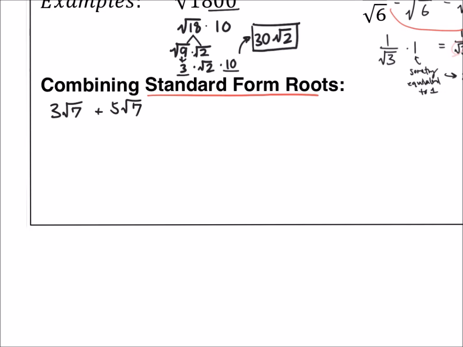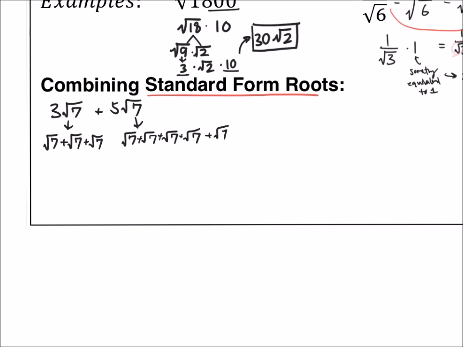So I want you to think of radicals as multiplication, as an exponent, so something's being multiplied together. What this is saying is basically we have 3 radical 7s, and this is saying we have 5 radical 7s being added together.